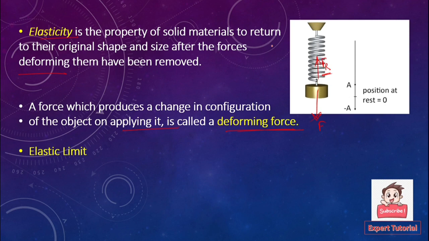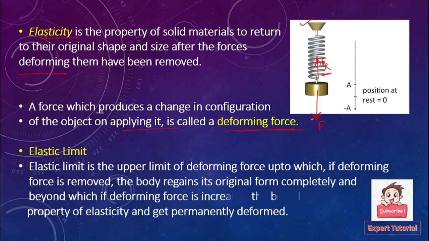Now if you can see the picture, this spring, I am trying to stretch the spring. When I am applying a force, it is stretched, but there is a certain limit. That particular limit is known as the elastic limit.